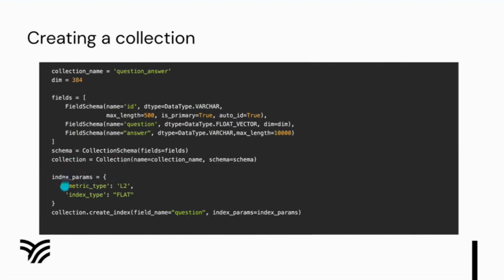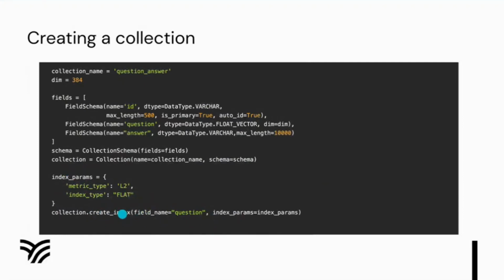After creation of this collection, if we want to query or search the input question from the collection, we need to index it. Without indexing, we can't perform any search operation or query data from the vector database collection. So for that, we are going to create the index.